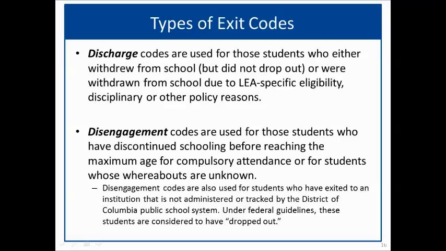Under federal guidelines, the students for which you would use the disengagement codes are considered to be dropped out. So we want to avoid the use of those codes, particularly that whereabouts unknown category, but this is when you would use the disengagement code for those students who discontinue schooling.